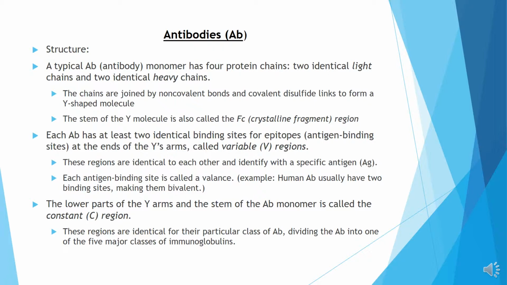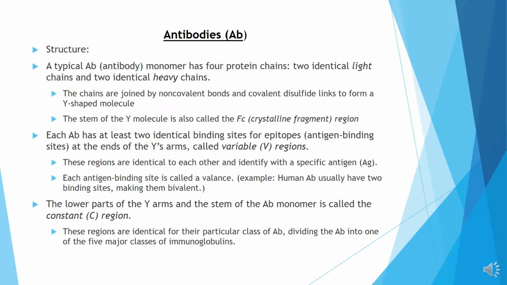The stem of the Y molecule is also called the Fc, or crystalline fragment. So if you were to imagine the letter Y, that is what an antibody looks like. Each antibody has at least 2 identical binding sites for epitopes. Epitopes are antigen binding sites, and they are found at the ends of the Y's arms, and they're called variable regions.